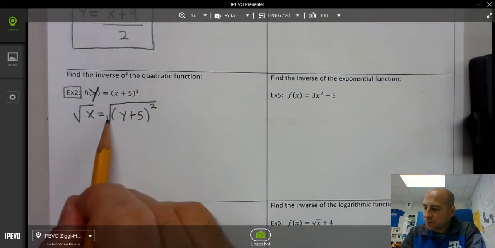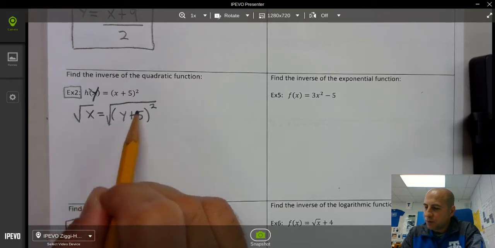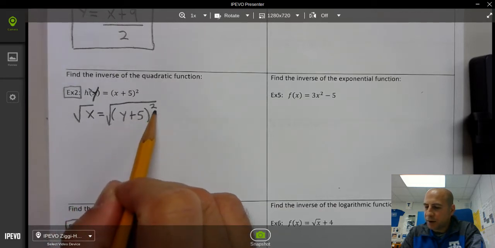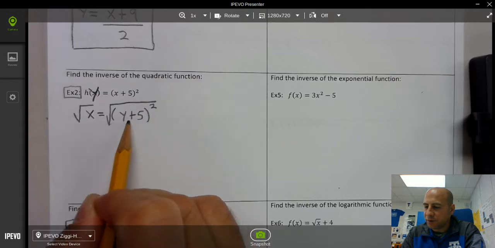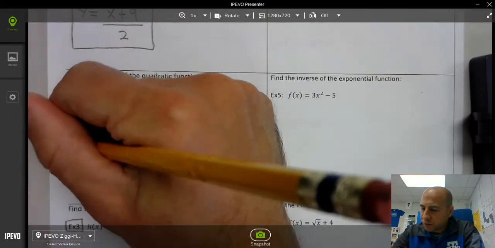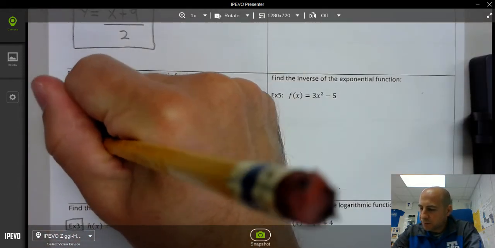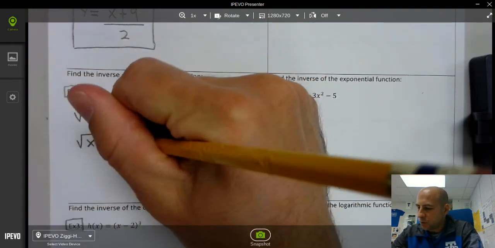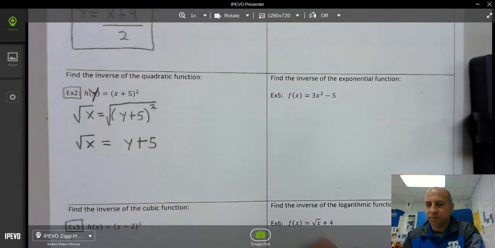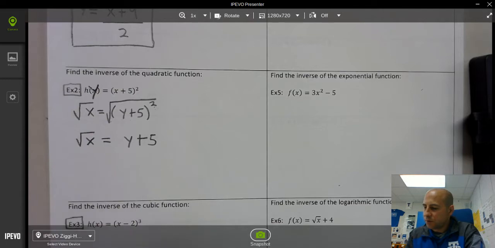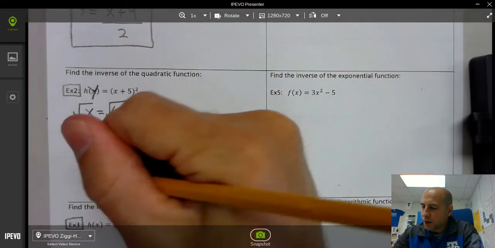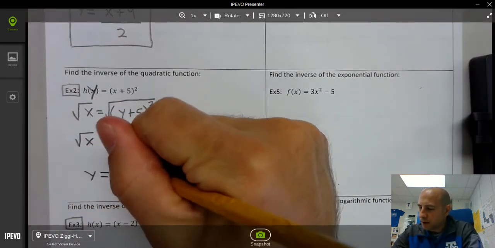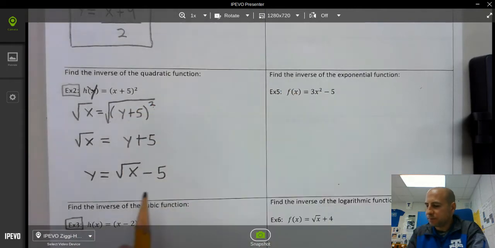Technically, this is to the 1/2 power squared, and when you multiply exponents, it becomes the power of 1. So you get the square root of x equals y plus 5. Then subtract 5 from both sides. y equals the square root of x minus 5.